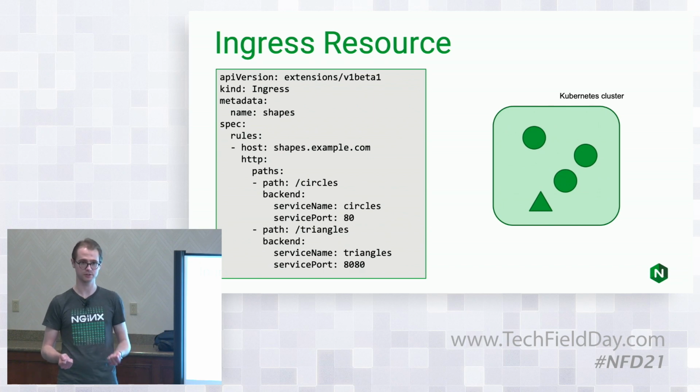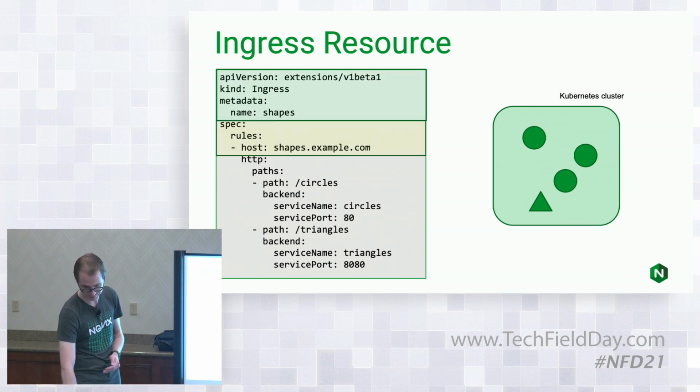With the Ingress Resource, you can define a load balancing configuration. For our application here, we call this application shapes. We want to expose the application through the hostname shapes.example.com.